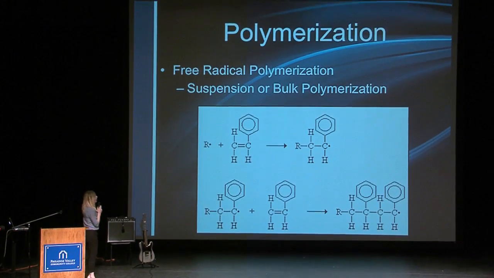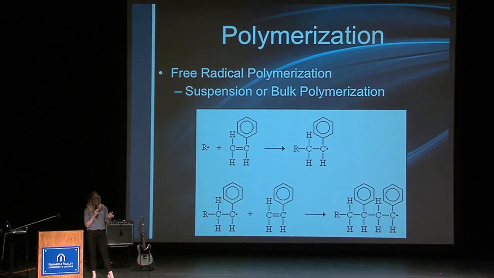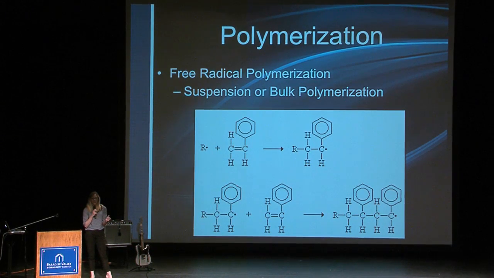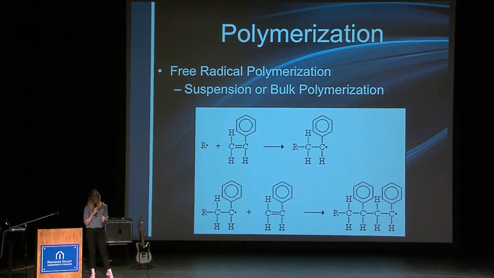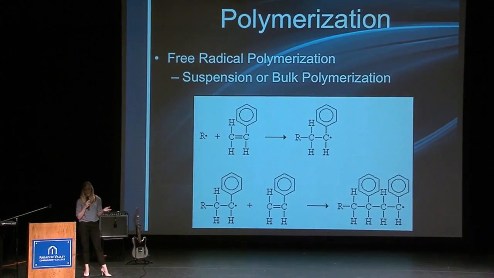It's formed by free radical polymerization, and what that means is it starts with a free radical, which has a missing electron from its octet. That makes it highly reactive, and it wants to form bonds with any molecule that it can to fill that octet.